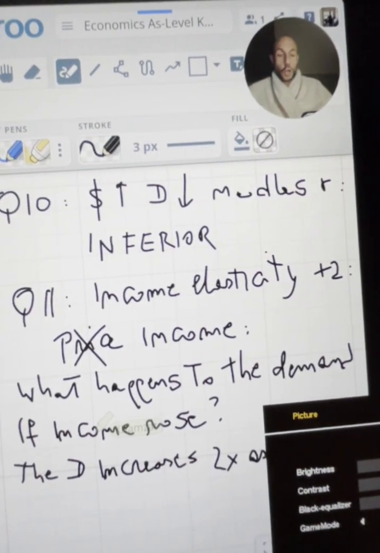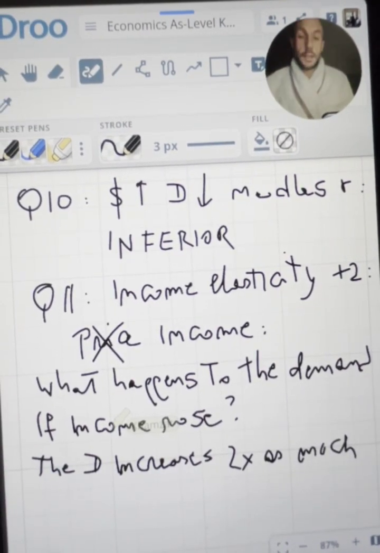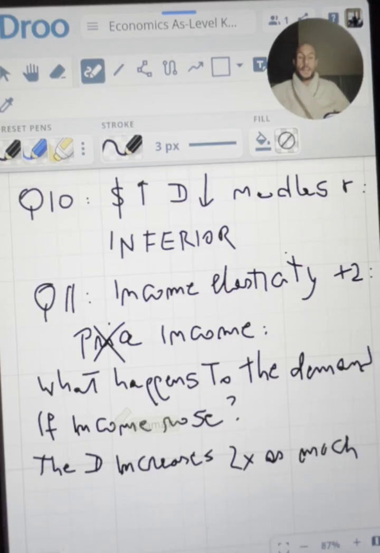Question 12: if the cross price elasticity between coffee and tea is plus 0.6. Could you give me a brief definition of cross price?